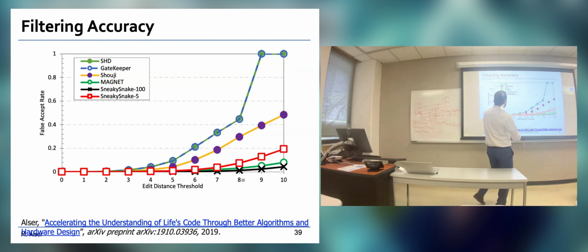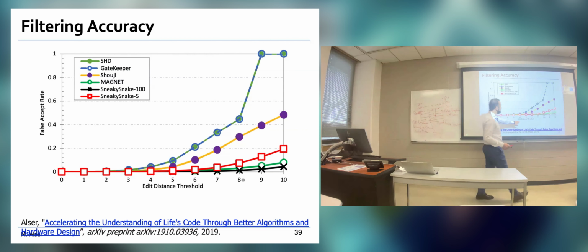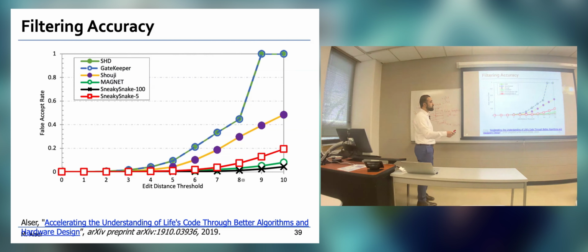The main point is that when the edit distance value is low, like if you're interested in no edit operation at all, or single edit, or 2 edits, or 3 edits, all of them are still performing very well in terms of accuracy. Now, once you exceed the edit distance threshold, like you're interested in having 2 sequences with 6 edit operations at most, if you choose your edit distance threshold as 6, you start seeing the difference.